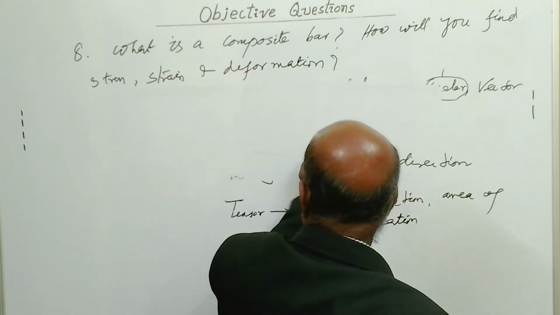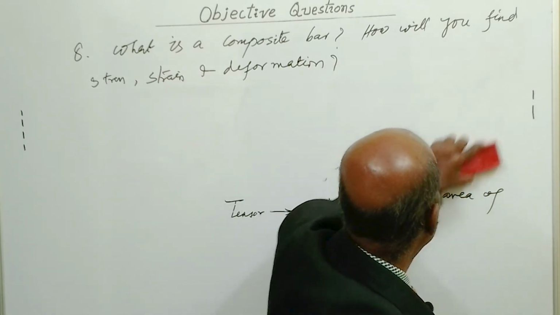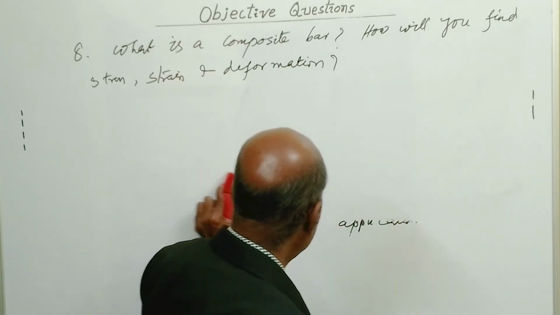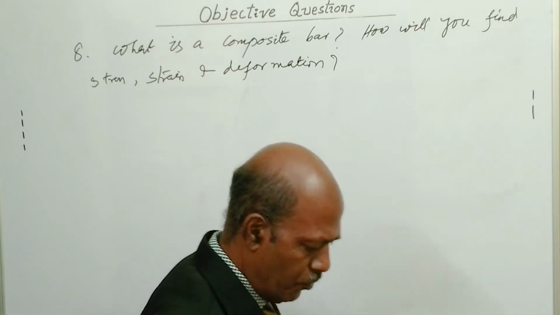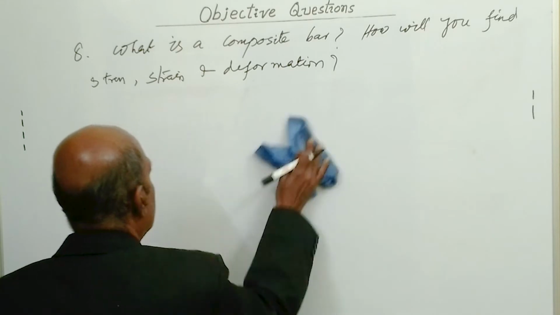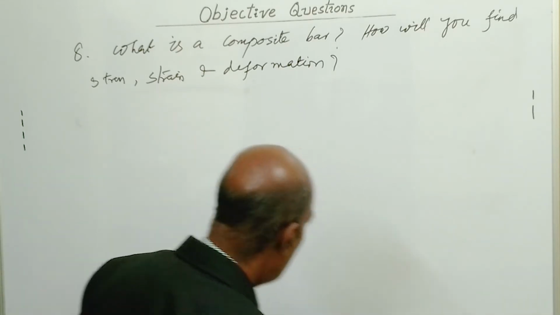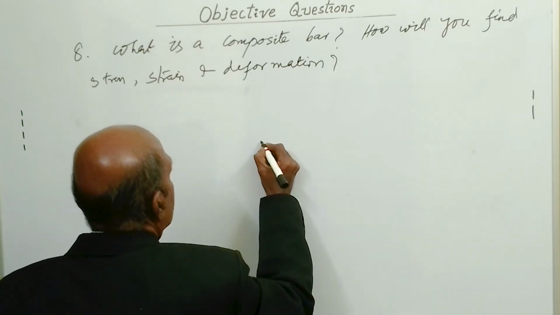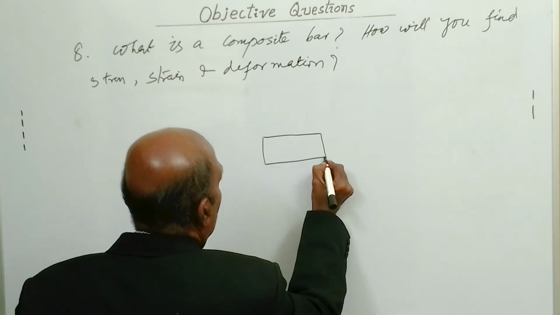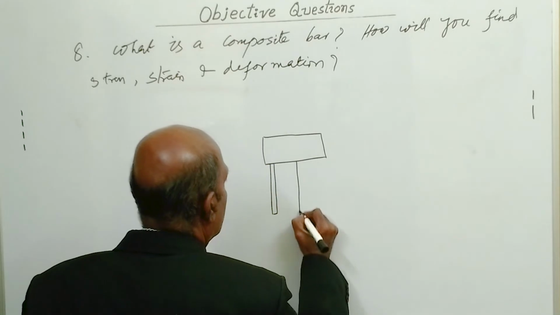A composite bar, or you can say a composite system. Whenever the load is applied over the body and the load is taken by more than one member, then that system is known as a composite system, or that bar is called a composite bar. Consider the heavy load is taken by the three members shown here.